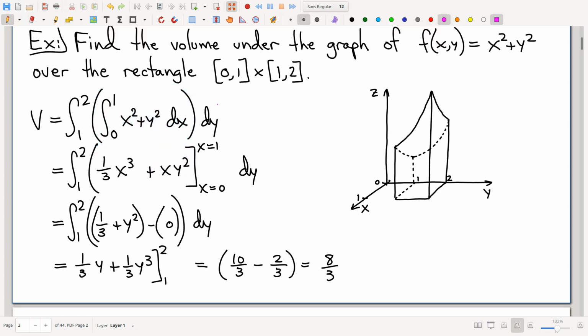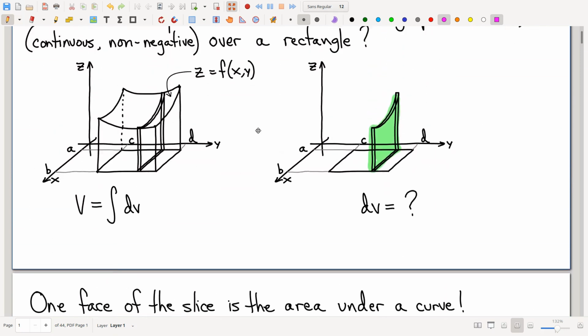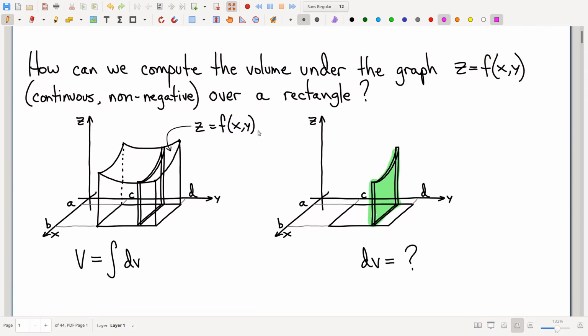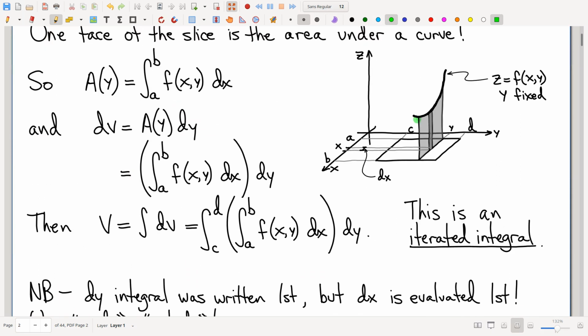Picking up from there, let's look back at what we did. We sliced, and then we sliced our slice. We started off slicing, you might say, in the y direction, thus producing slices that look like this. And then those slices, we sliced in the x direction, thus producing slices that look like that.